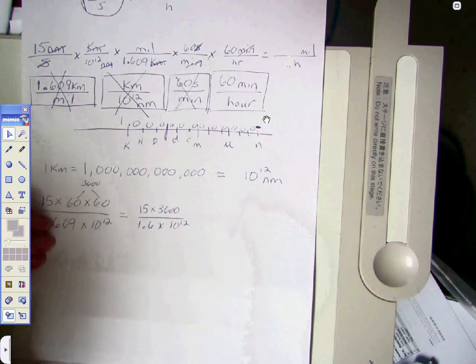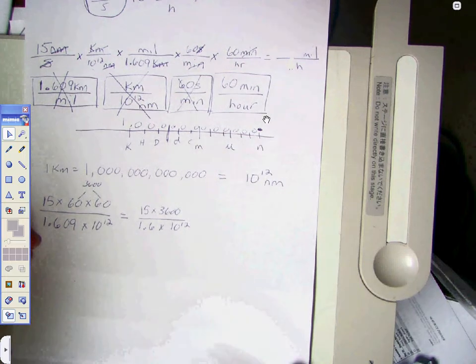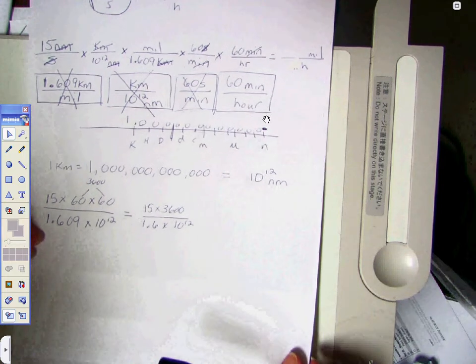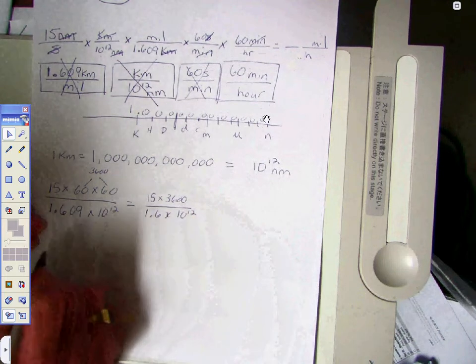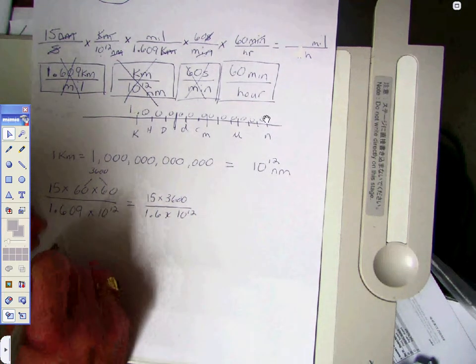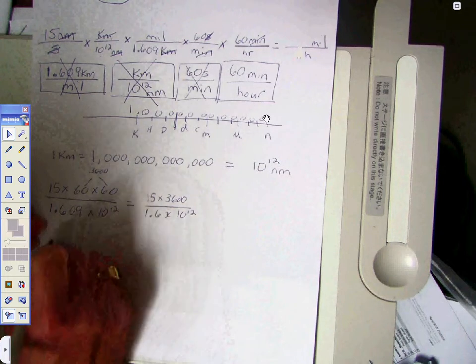Now at this point, if you're allowed to use your calculator, go ahead. But in my class, we're not using our calculator because we just want to increase our math skills, get a little bit better at them. So let's just go ahead and work out 3600 times 15.